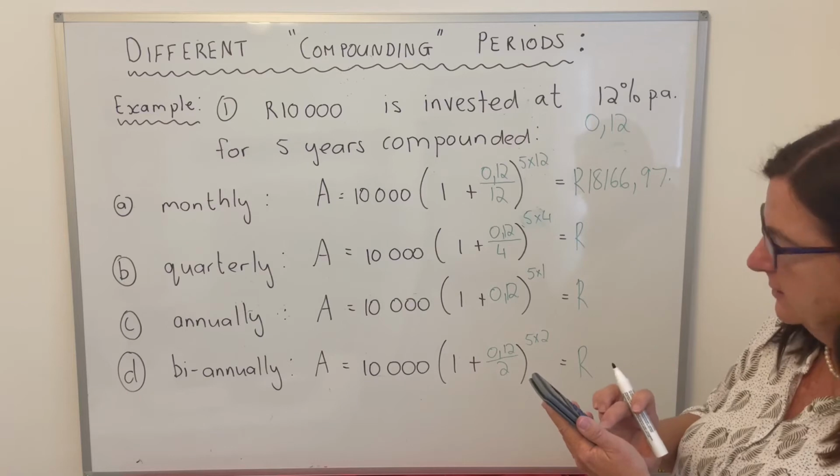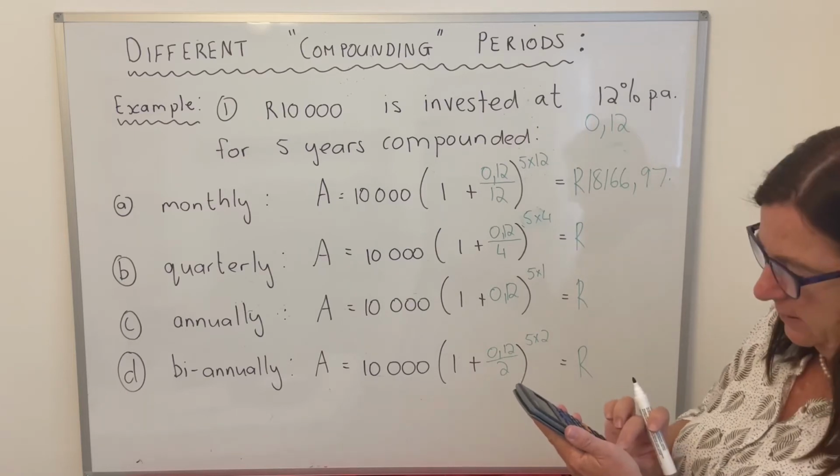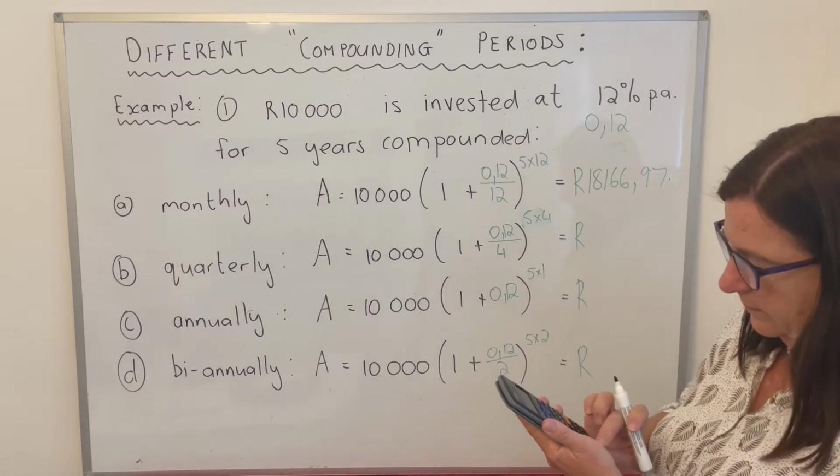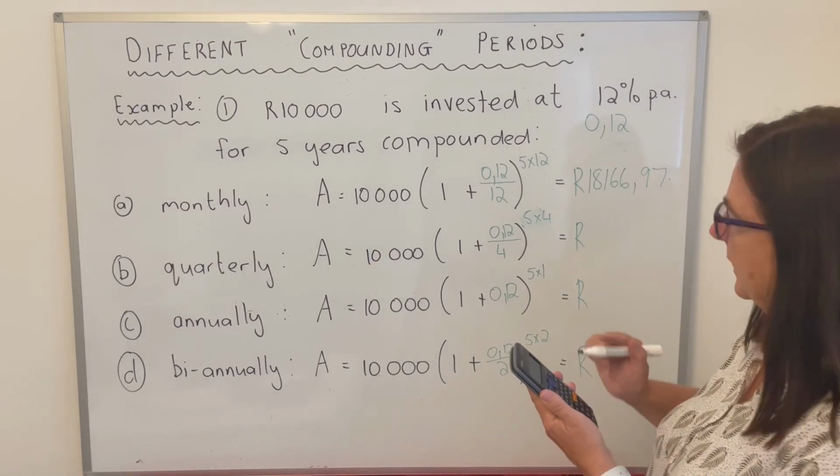So it's 10,000, open brackets, and so on.